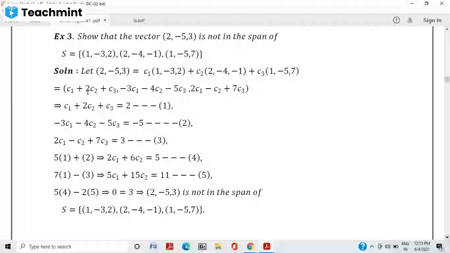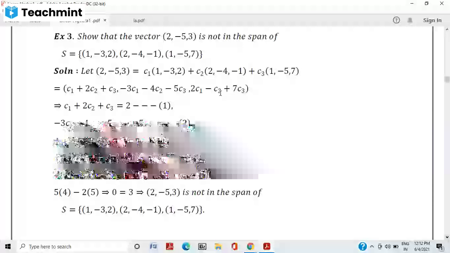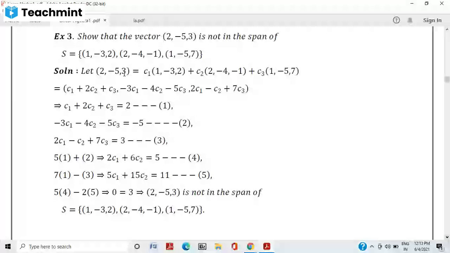Then the first element: C1 plus 2C2 plus C3 is 2. Second element: minus 3C1 minus 4C2 minus 5C3 is minus 5. Third element: 2C1 minus C2 plus 7C3 is 3. Now we will combine them. Here you can also use the matrix method.